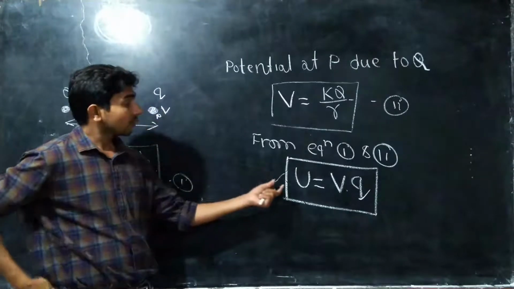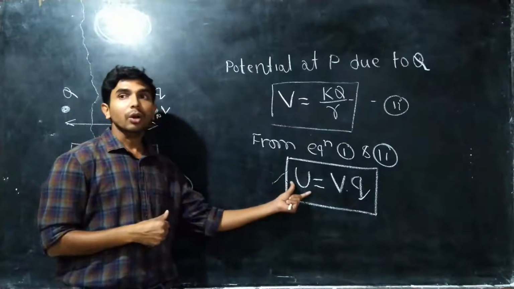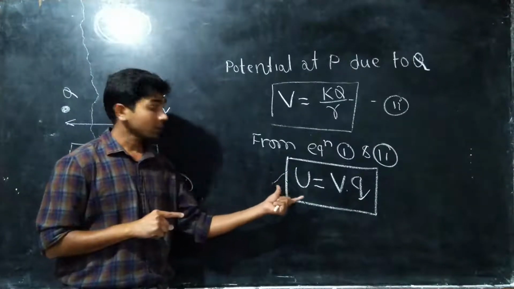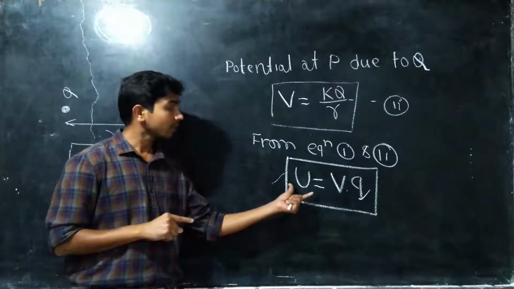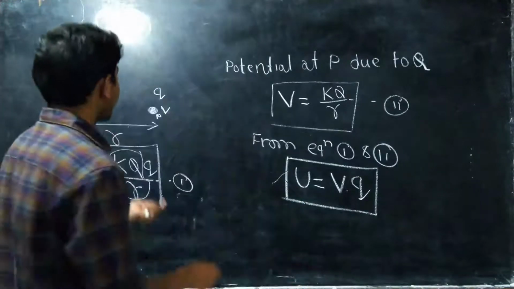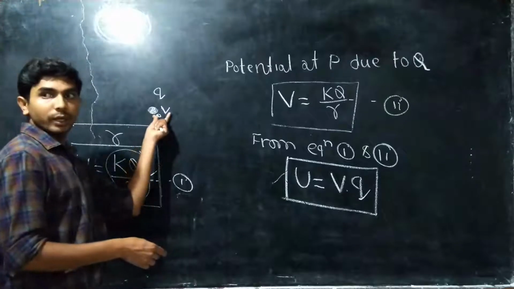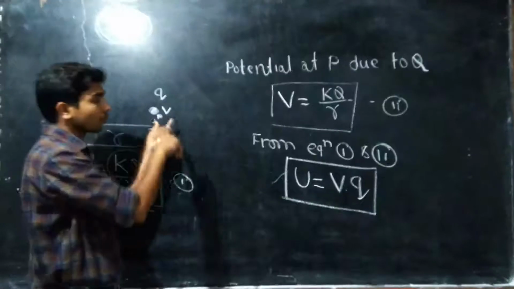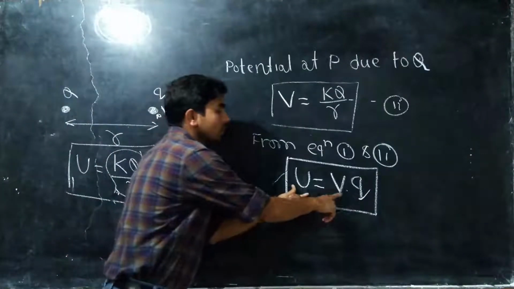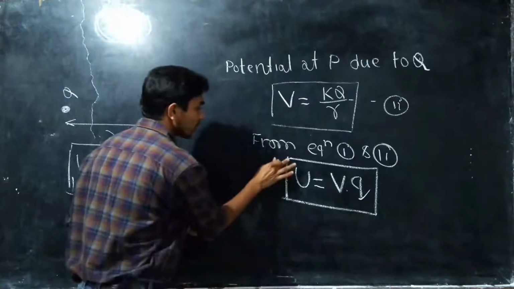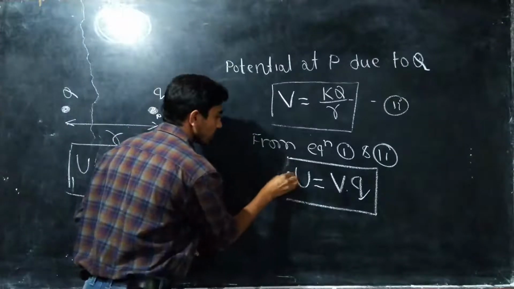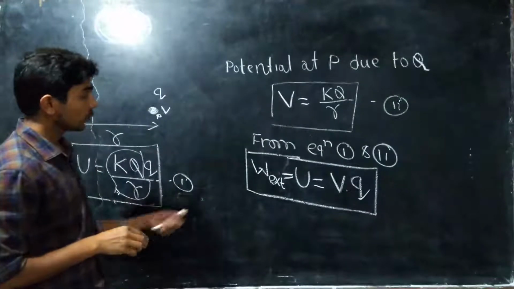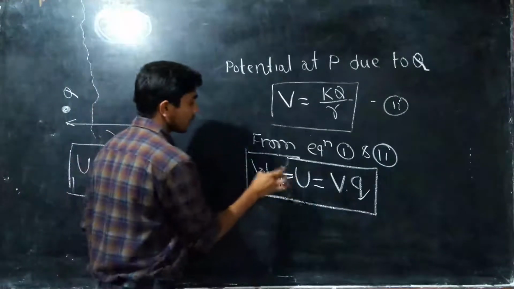So suppose at any point here the potential is V, and we are bringing a charge Q to this point. The potential energy of that charge will be V into Q, and this potential energy is nothing but the work done by external.